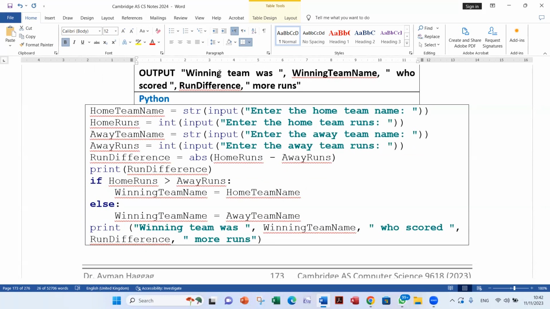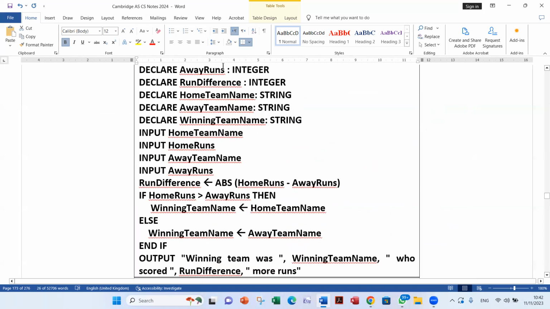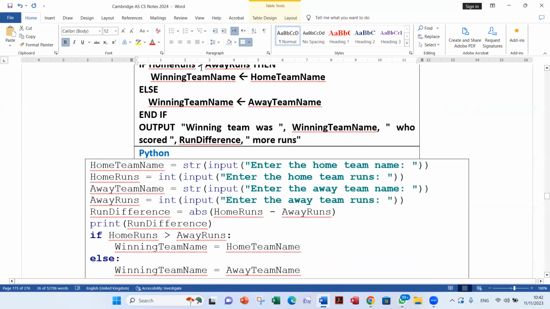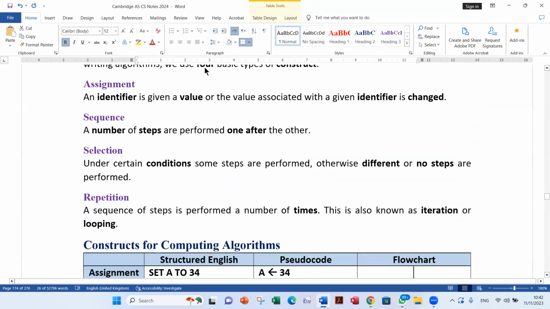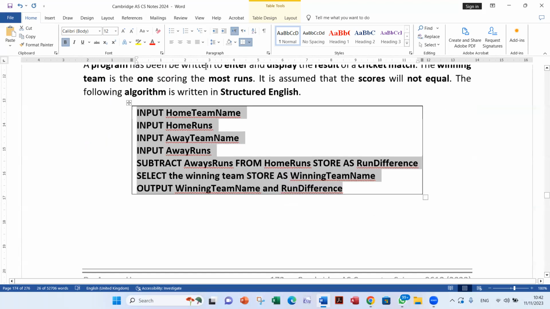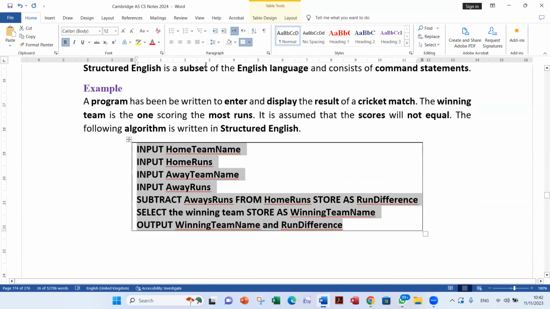We will go through this and look carefully at what the exam is saying. If the exam says write pseudocode, it is like this. If the exam says draw a flowchart, it is like this. If the exam says write structured English for this algorithm, it is like this.